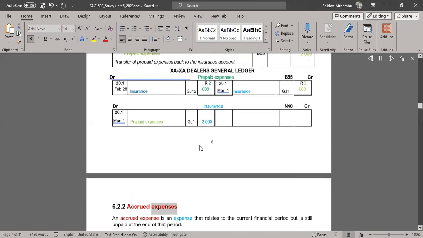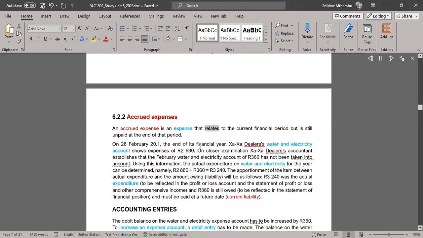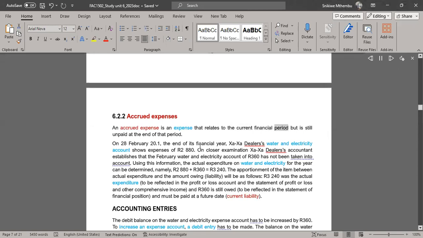Accrued expenses. An accrued expense is an expense that relates to the current financial period but is still unpaid at the end of that period. On 28 February 20.1, the end of its financial year, XAXA Dealers' water and electricity account shows expenses of R2880.